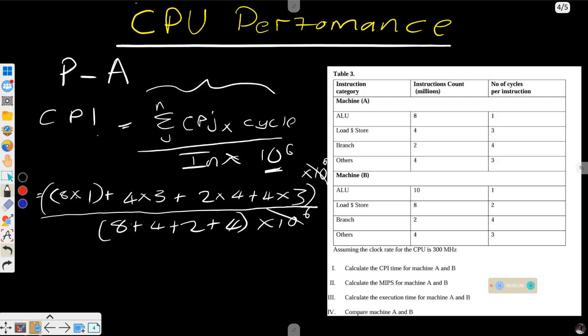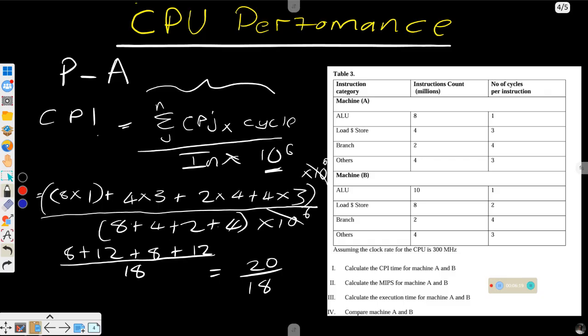Now 8 times 1 is 8, plus 4 times 3 is 12, plus 2 times 4 is 8, plus 4 times 3 is 12, over 8 plus 4 plus 2 plus 4, which is 18. The numerator is 8 plus 12, that is 20, and 8 plus 12 is another 20, which gives us 40.